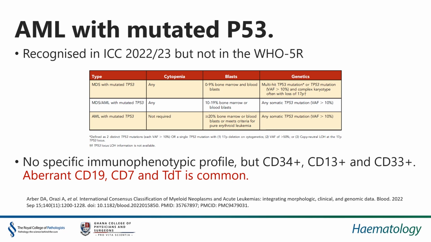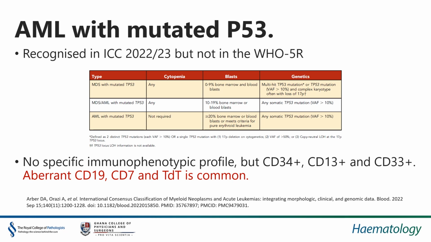It's important to note that for AML with mutated P53, there is no specific immunophenotypic profile that would fit this. However, aberrant CD19, CD7, and TdT expression is very common. Like MDS, AML with a mutated TP53 is typically associated with complex cytogenetic abnormalities and usually has a very poor outcome.